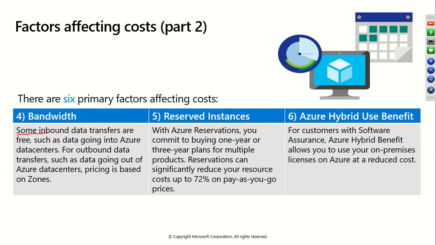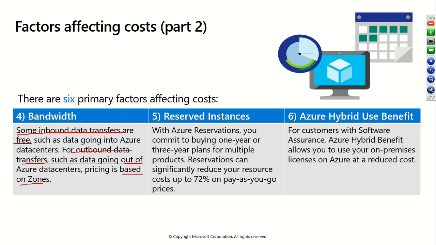Inbound data is free, meaning the data you enter into Azure, you can enter freely. But for outbound, when you are bringing out data, you pay based on the size of data you are transferring between different data centers, and this price is also based on your zone. Remember we mentioned availability zones, whether your data is residing in 3 different data centers or in one data center.